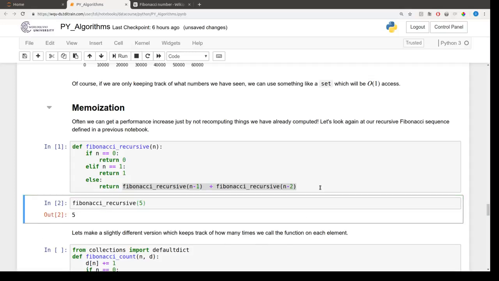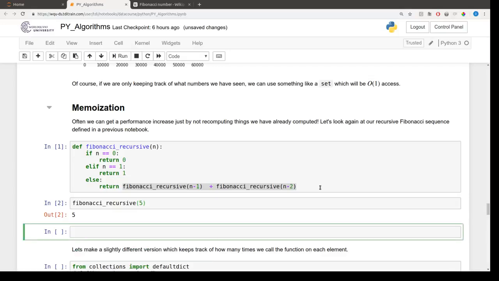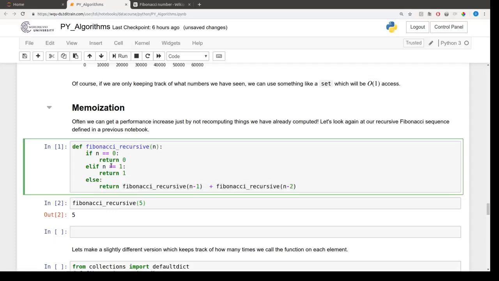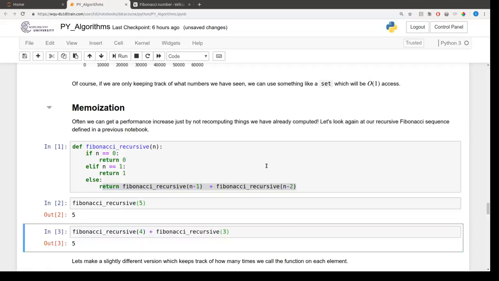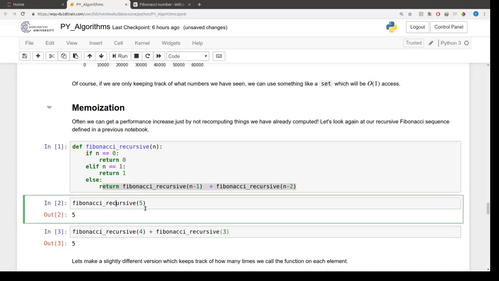So let's see how this works. If I do Fibonacci 5, I get 5, as I would expect. What happens is 5 is not 0, and it's not 1, so we come down here, and we call Fibonacci recursive 4 plus Fibonacci recursive 3, which is also 5. Of course, that's this result.